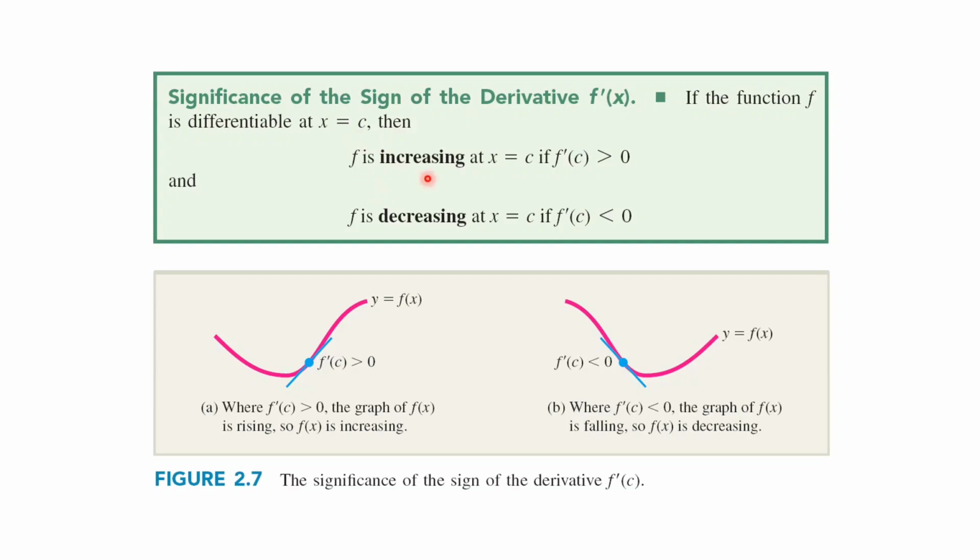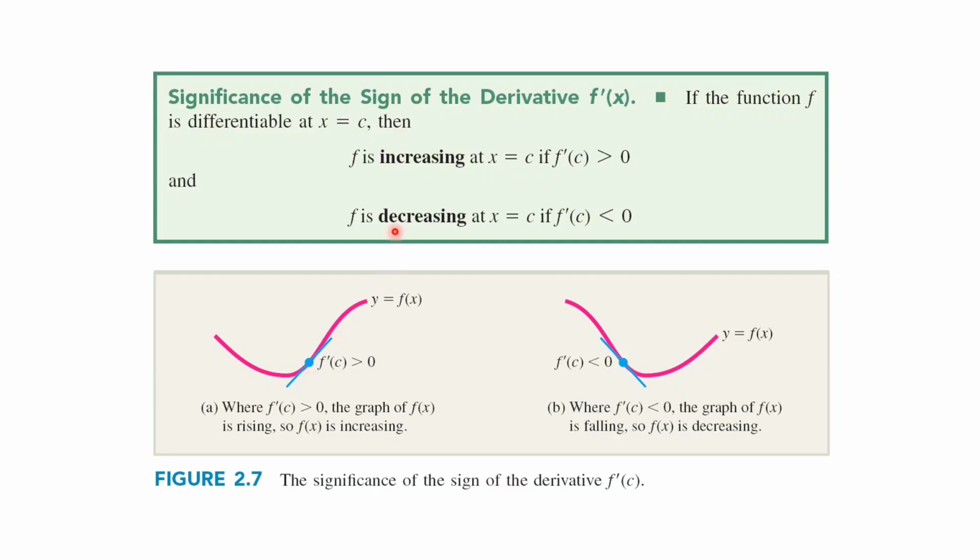We say f is an increasing function at x equals c if the derivative at c is positive. This graph shows that the function is increasing at x equals c. That is because f prime of c is positive, and that means the tangent line at x equals c is a line which is rising to the right.